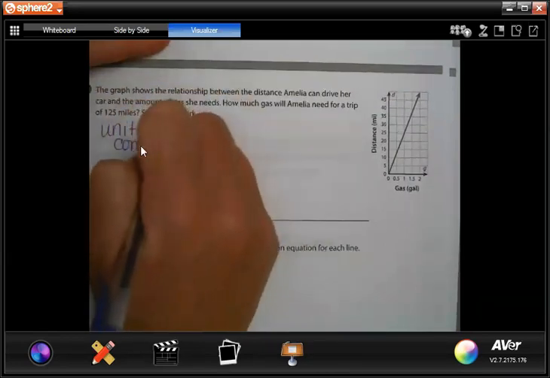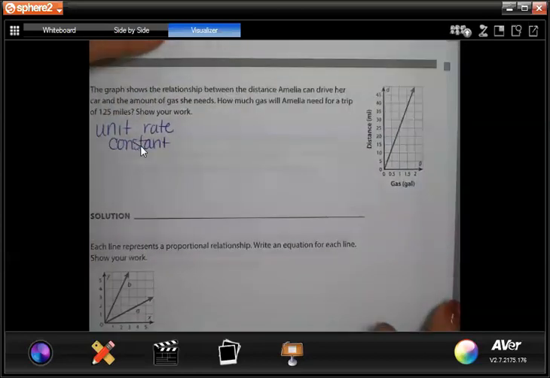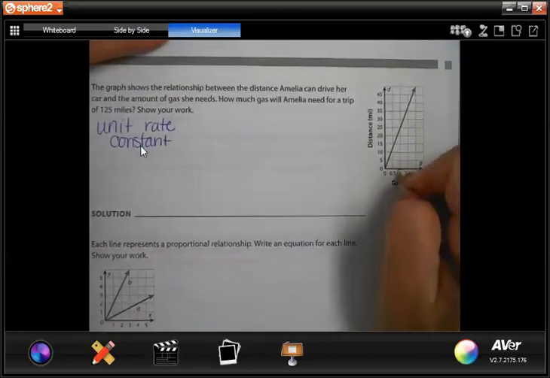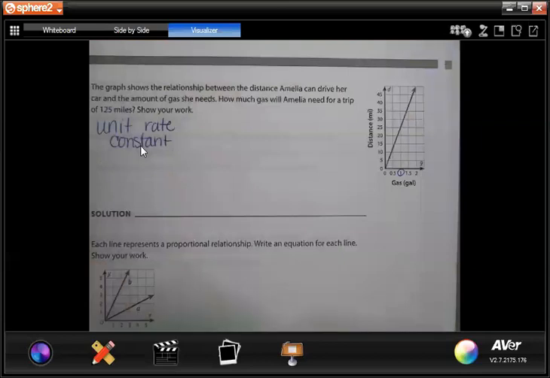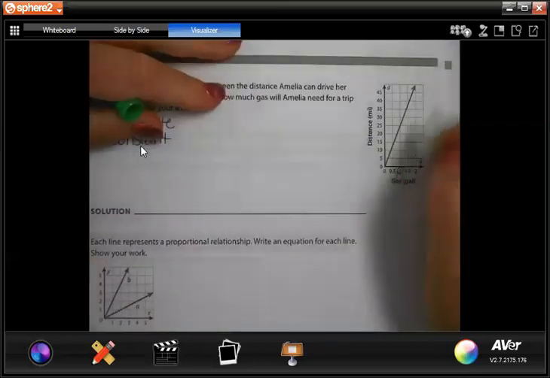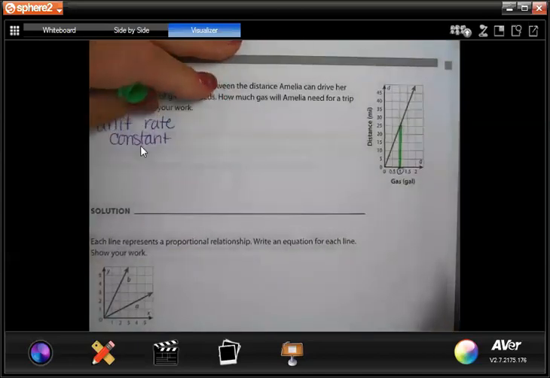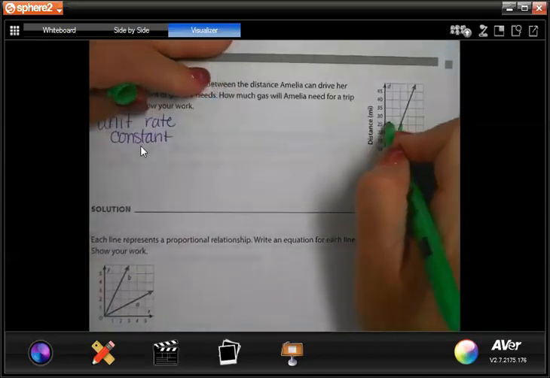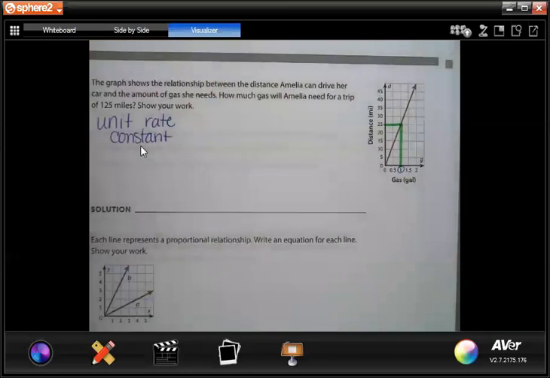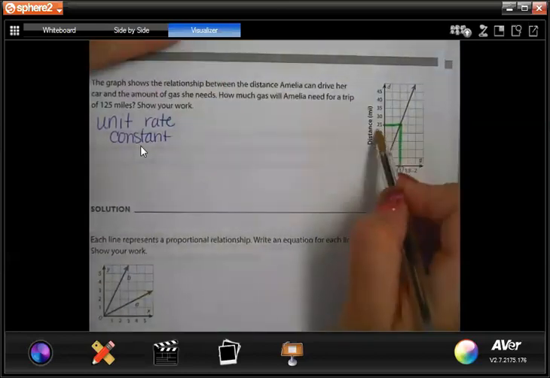And to find the unit rate, we go to 1. There's 1. We're going to go up 1 until it hits the line. There it is. It hits the line at that spot.